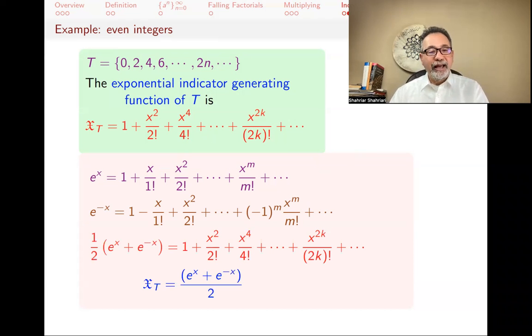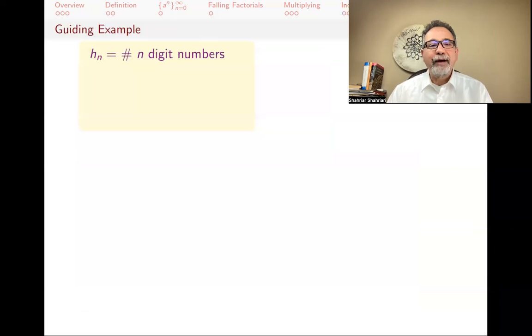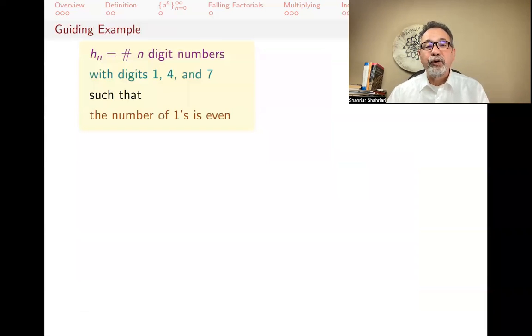So the exponential indicator generating function for even non-negative integers is e to the x plus e to the minus x, divided by 2. Okay, now we go back to our guiding example. Let me remind you what it was. It was the number of n-digit numbers with digits 1, 4, and 7, such that the number of ones is even.